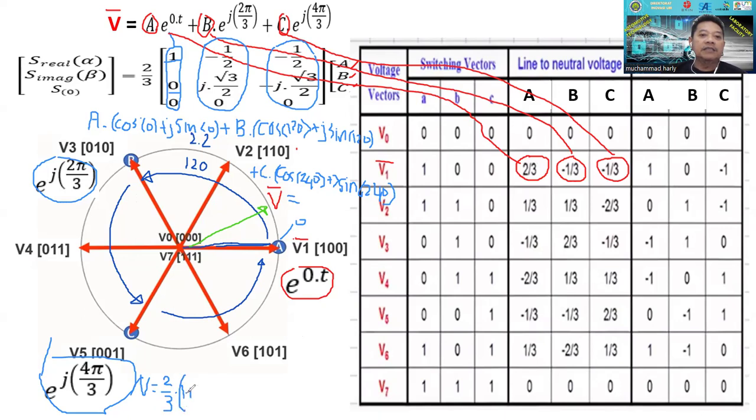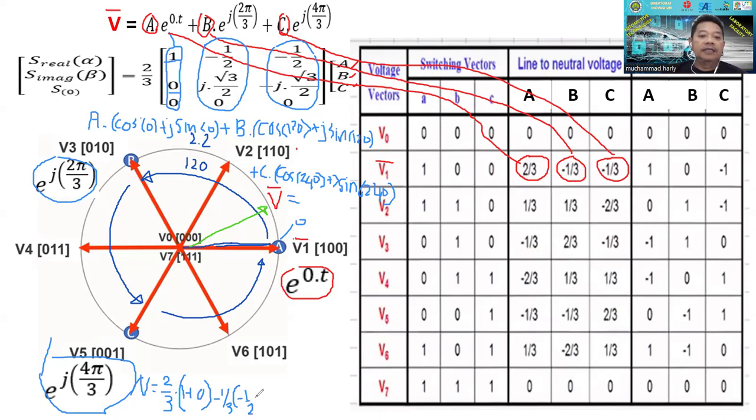And plus 0. And then plus P, which is minus 1/3 times here, minus a half.